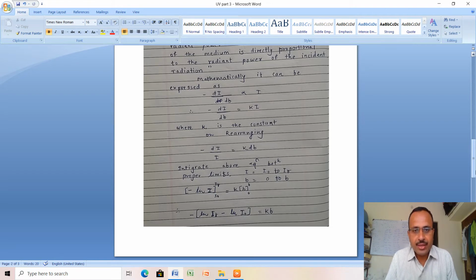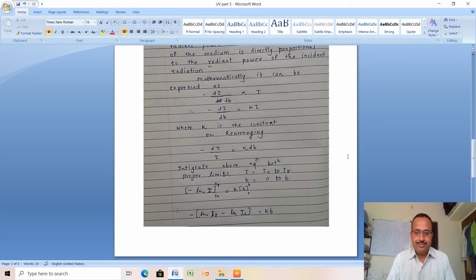Here db is a divided term which goes to the right-hand side and gets multiplied by k, the proportionality constant. So the equation becomes minus dI by I is equal to k into db. Now integrate this equation between proper limits.